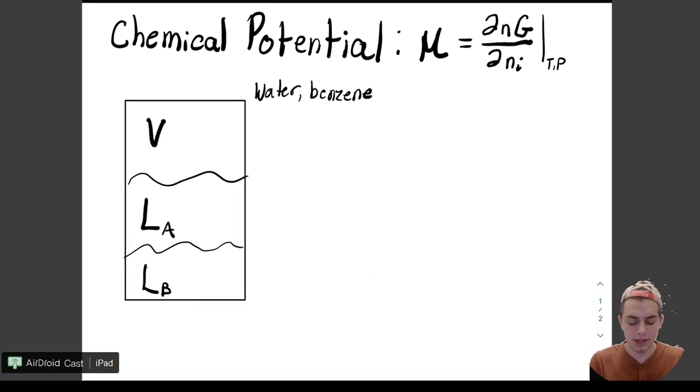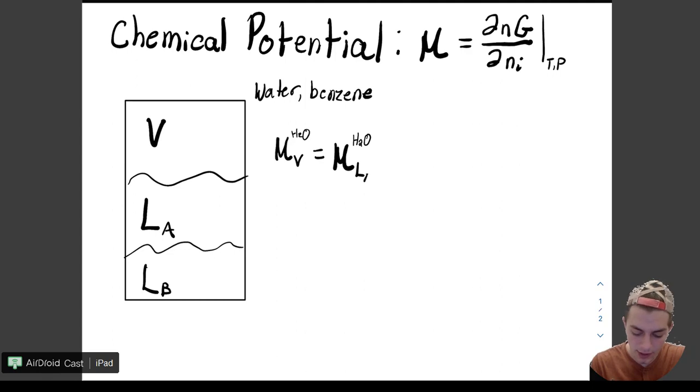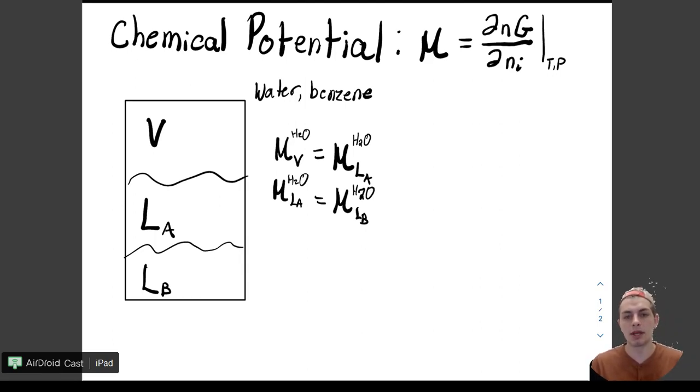The way we can do that is by saying the chemical potential of, say, water in the vapor phase is equal to the chemical potential of that same component in the liquid phase. And then we can also say that the component's chemical potential in the liquid phase is equal to its chemical potential within the other liquid phase. And this is true because we are in an equilibrium.